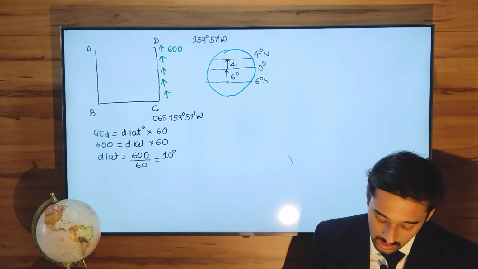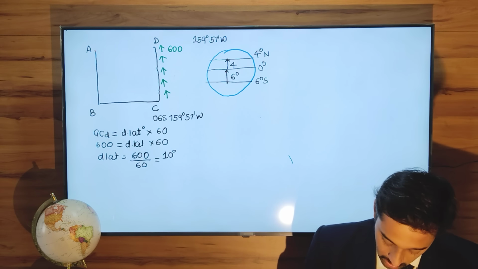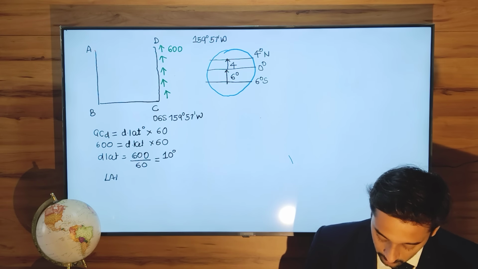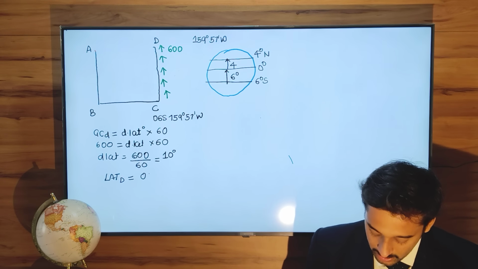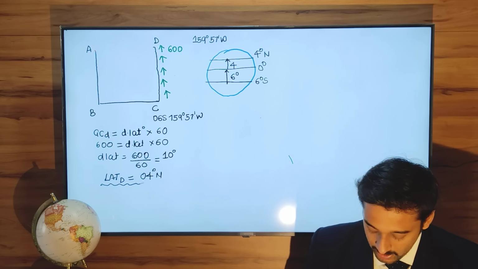Okay. So the latitude of D is equal to 4 degree north.